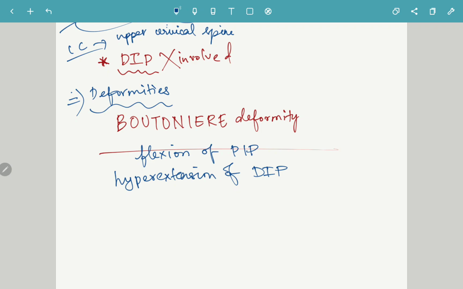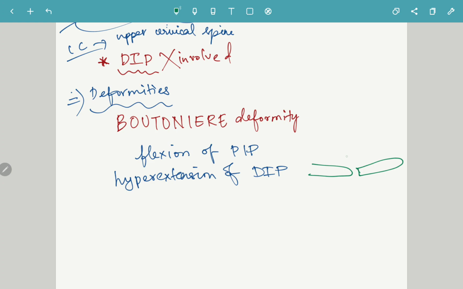So how will the deformity actually look? I'm drawing this finger over here. This is your distal interphalangeal joint and this is your proximal interphalangeal joint. The proximal interphalangeal joint will be flexed like this, and there is going to be hyperextension of the distal interphalangeal joint.